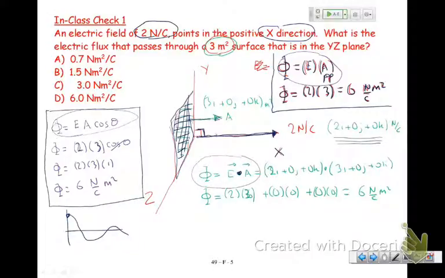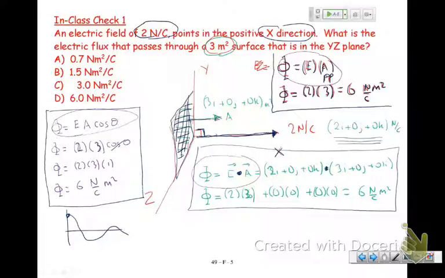It's going to be the dot product between 2i plus 0j plus 0k, dotted with 3i plus 0j plus 0k. And I go, well, always multiply the coefficients together. So 2 times 3 is 6, and then 0 times 0 plus 0 times 0, which again gives me the same answer. So I have these 3 different ways of approaching this question, and all of them work.